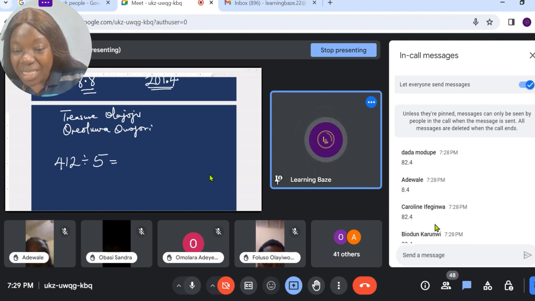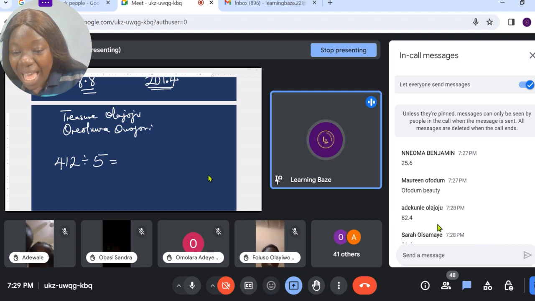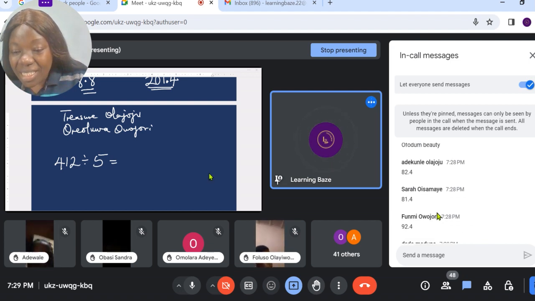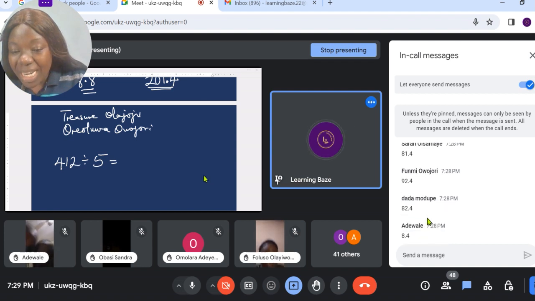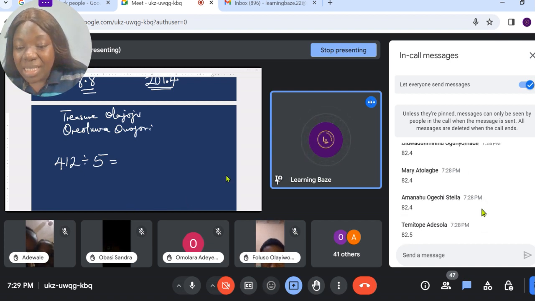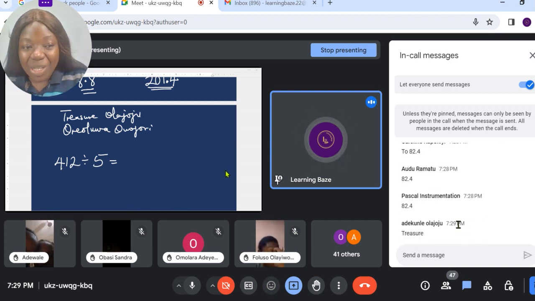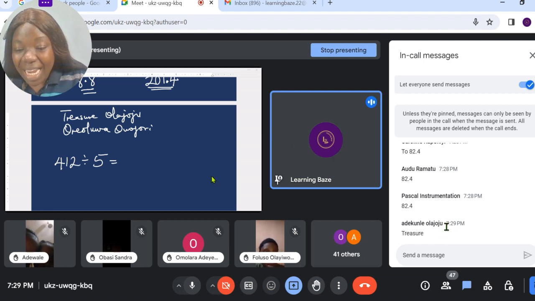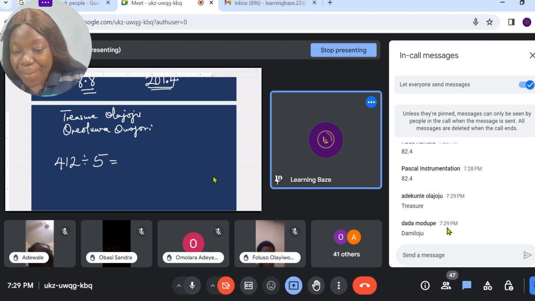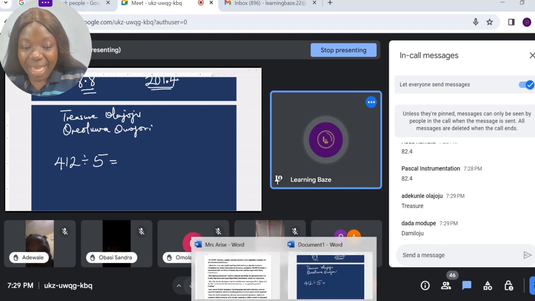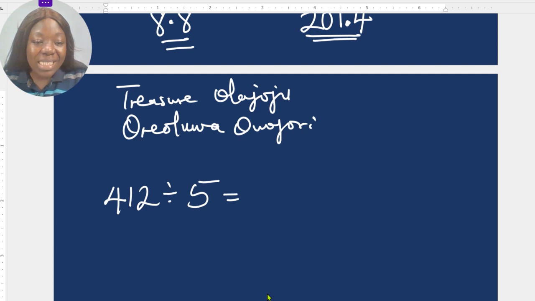Okay, let me give another person an opportunity. After Treasure typed, the next person who got it right, Dada Mojupe. Who is that child? Please type your name in the comment section. Let me write your name on my board. Is your name Mojupe? Damiloju, correct. Okay, that's fine. So Treasure has taken it again, then followed by Damiloju.